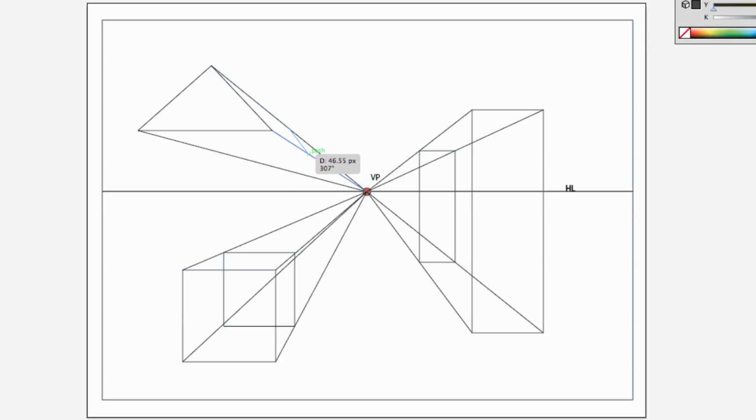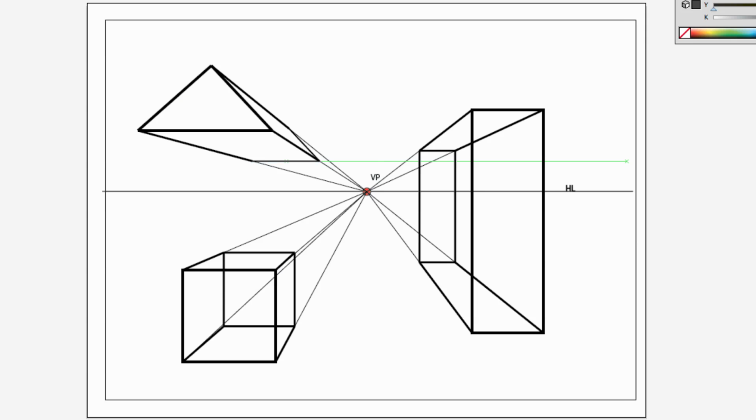The tricky thing with the triangle is to get the angle of this back line the same as the angle on the front. Like such. Now that I've completed my 3 objects, I went back in and emphasized the lines that represent the shape.